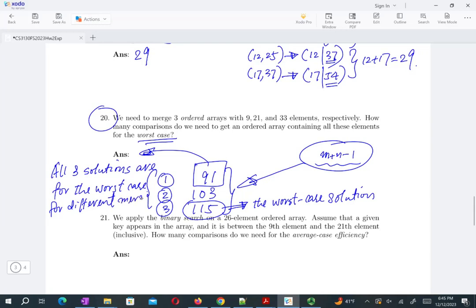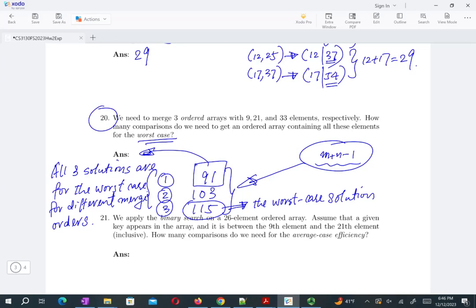The difference is at the merge order. It's not the best case versus worst case. Different orders result in different solutions, but all are for the worst case under that particular order.